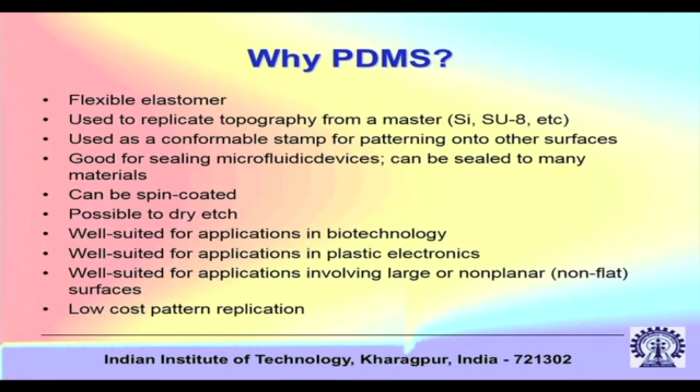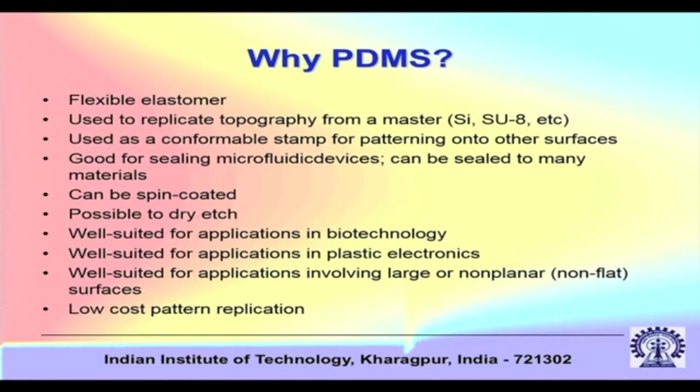The whole idea is that if you have a good mask, that is a master pattern that may be obtained by an expensive process, then to make structures on PDMS you do not have to use that expensive process. You do not have to do the standard photolithography, which requires a very controlled environment called a clean room.